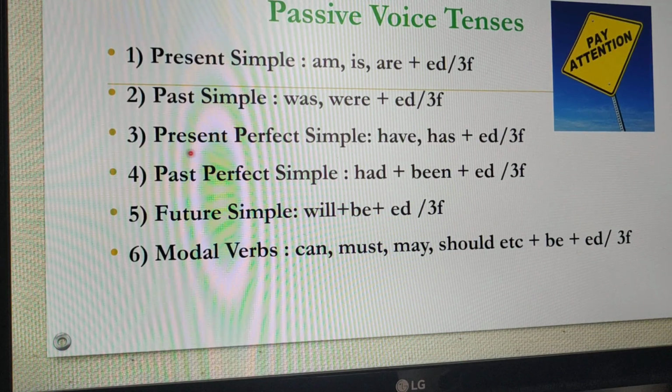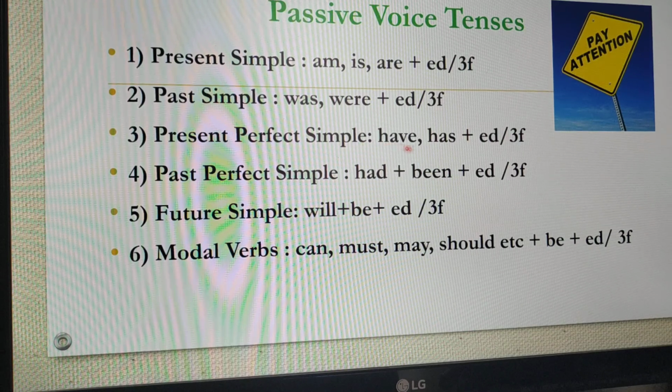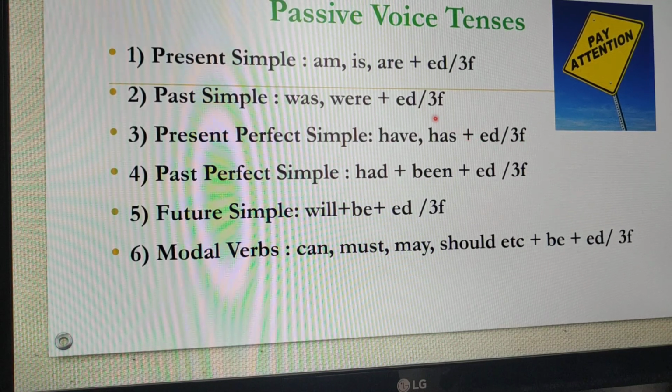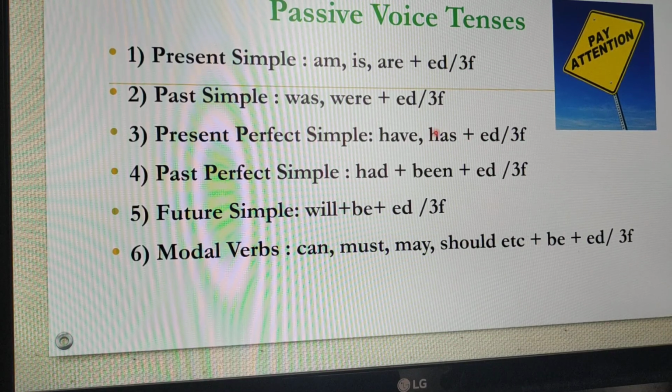Number 3, present perfect simple, and its formula: have, has, plus been, plus the ending ed for the regular verbs, or the third form for the irregular ones. Again, has we use for he, she, it.